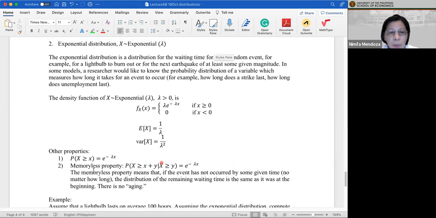Okay, so what are other properties of this exponential distribution? You have the probability that X is greater than or equal to x is equal to e to the minus lambda x.